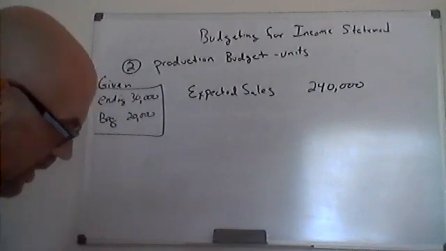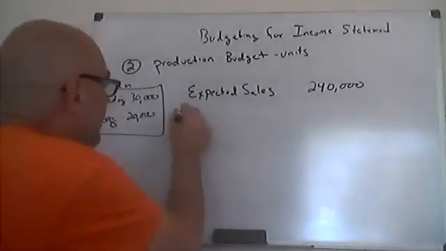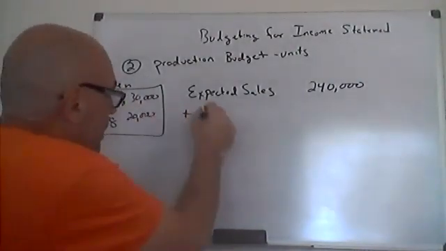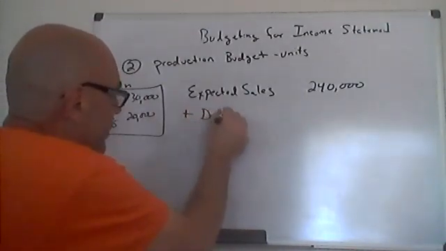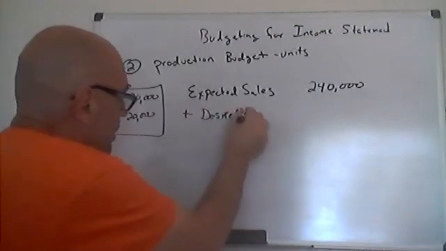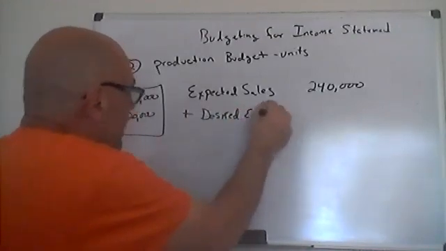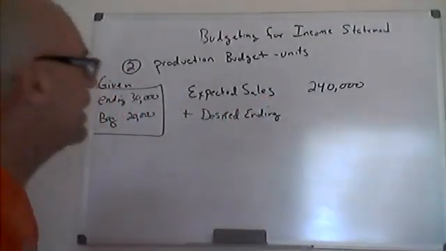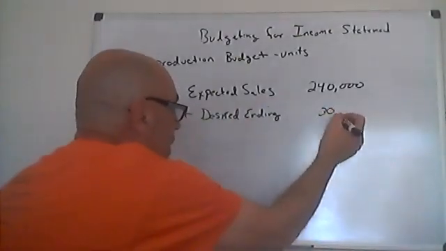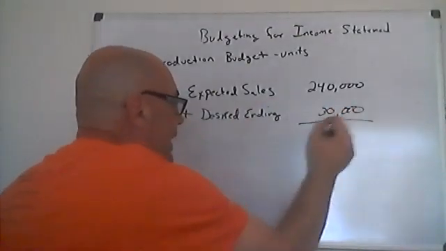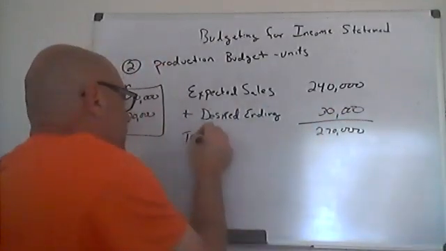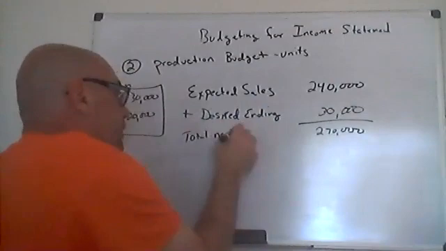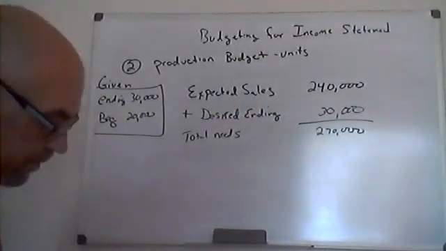All right. So we're going to take our expected sales plus our desired ending inventory. Remember, we're budgeting. So we expect to sell 240,000. We wish to have 30,000 at the end. So our total needs are 270,000.